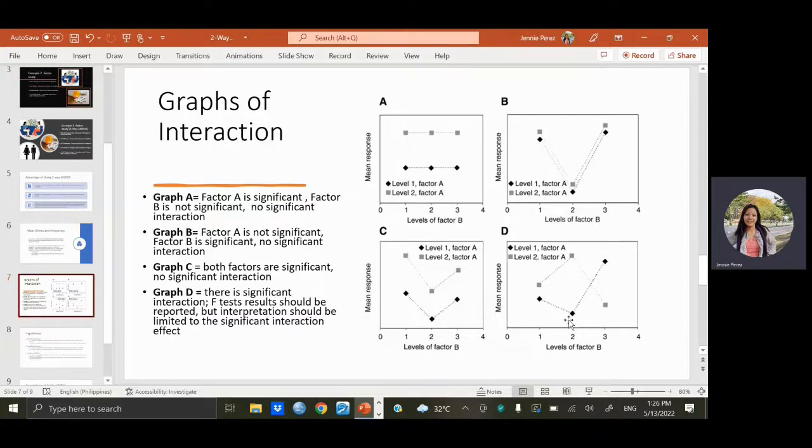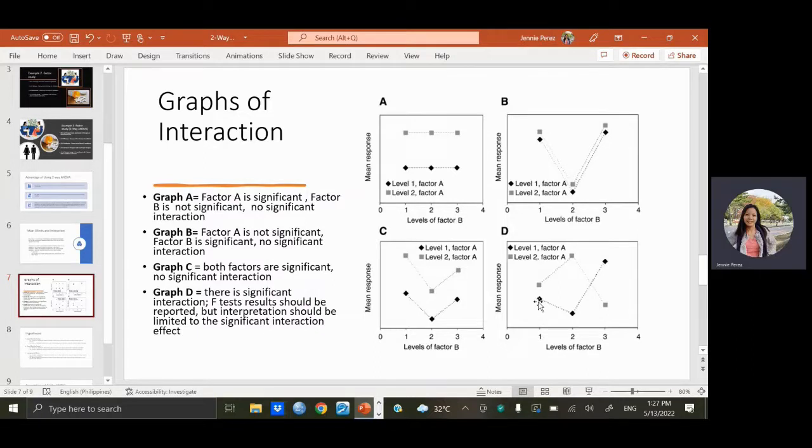Okay, so we can see here that at level 1 and level 2, they diverge. At level 1, they are just about the same. However, when it comes to level 2, level 1 and level 2 of factor A are quite different.